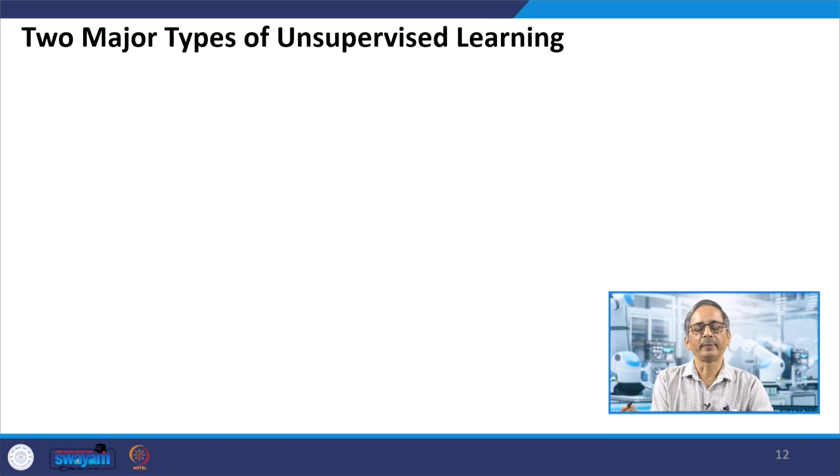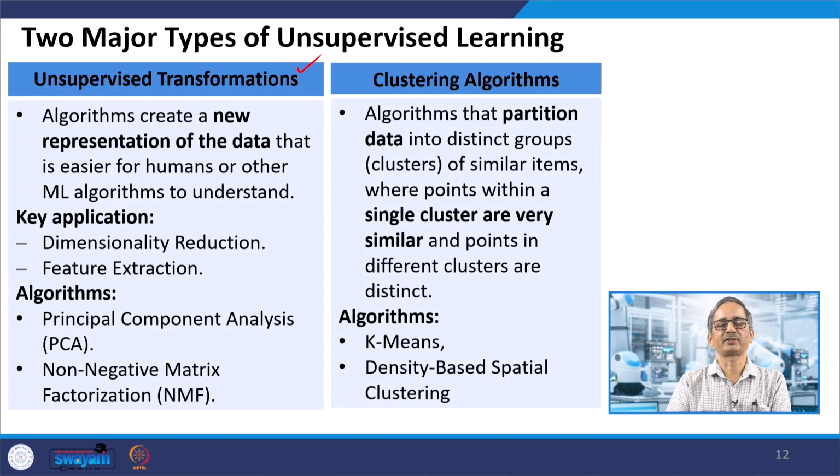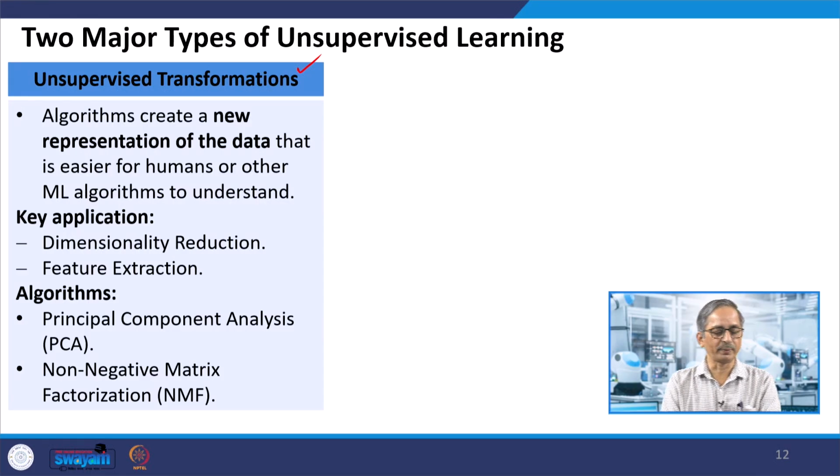There are two major types of unsupervised learning: unsupervised transformations and clustering algorithms. Let us see the first one, unsupervised transformation. Here, the algorithm creates a new representation of the data.